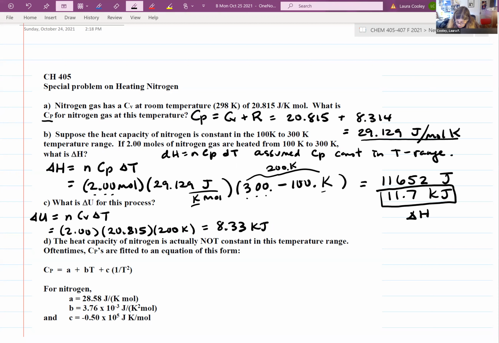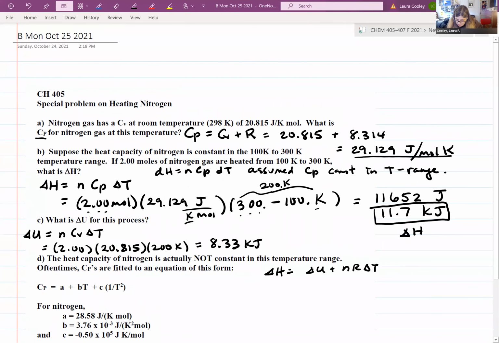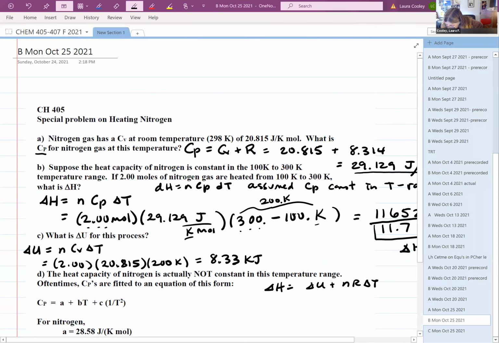You could also do this as delta U is delta H. Right, so we actually have delta H is delta U plus nR delta T. I just want to flip back and make sure that I didn't make a mistake earlier on that.